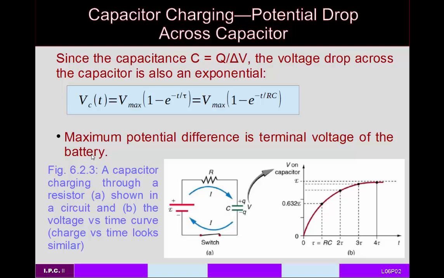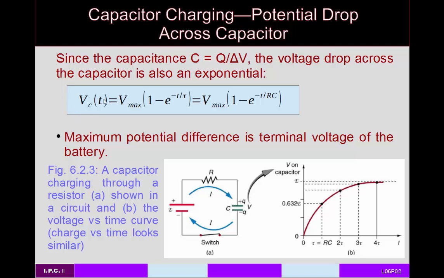So it's actually useful to have in our mind what the voltage drop across the capacitor while it's charging looks like. And since the capacitance is Q over delta V, the capacitance of the capacitor is the charge divided by the voltage drop across the capacitor.